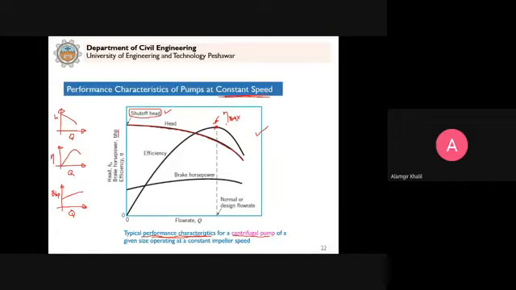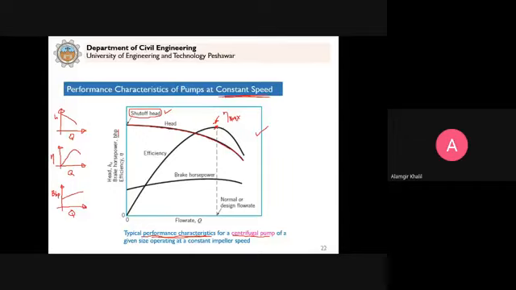Now, what is required is that we want to operate the pump corresponding to the maximum efficiency. This is what we want, that the machine that works should be efficient. So this is your eta maximum, the maximum efficiency here.